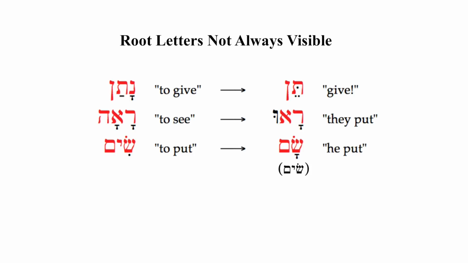And again, we will flag that for you so that using the root that is provided for you and the information that's visible on the page, you'll be able to figure out how you need to translate. Another example is the verb seem, to put or place, which can sometimes lose the yod so that it is not visible. So all of those will be flagged for you so that you don't run into any trouble.